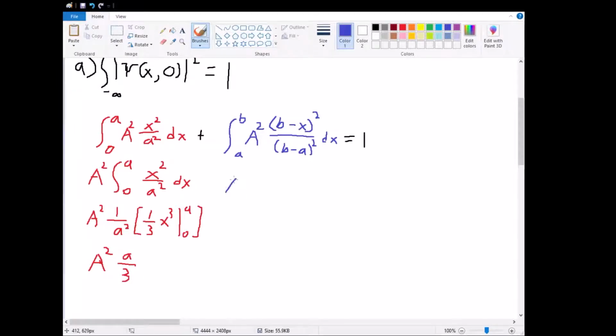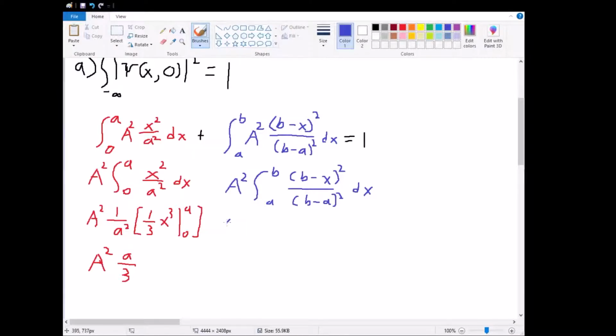Now we can do the same thing with our second integral. We move A squared out to the left, with the integral from a to b of (b minus x) squared divided by (b minus a) squared dx. Here we can expand this into a polynomial and integrate it afterwards. We move the 1 over (b minus a) squared outside of our integral, because that's just a constant.